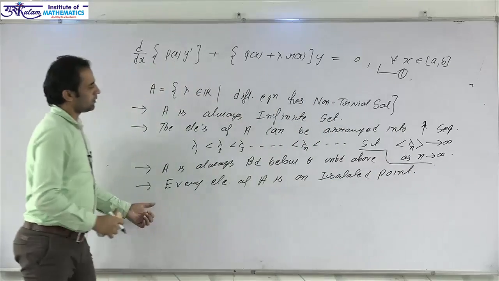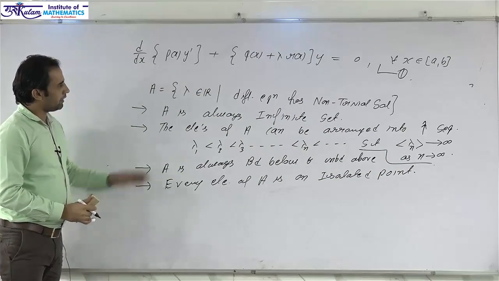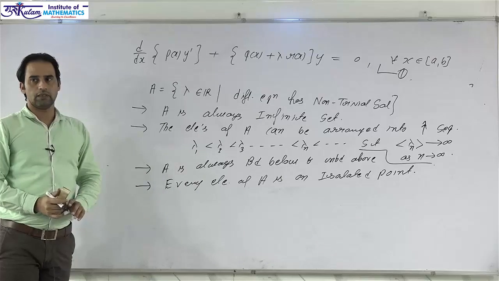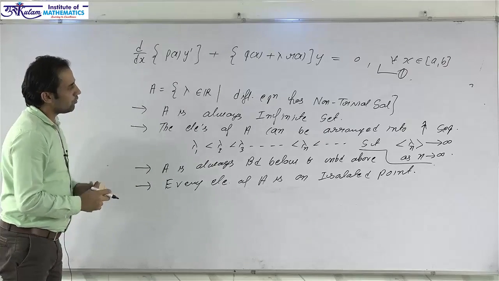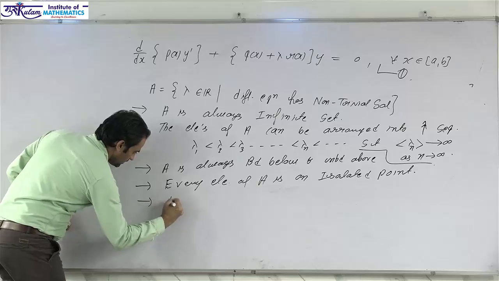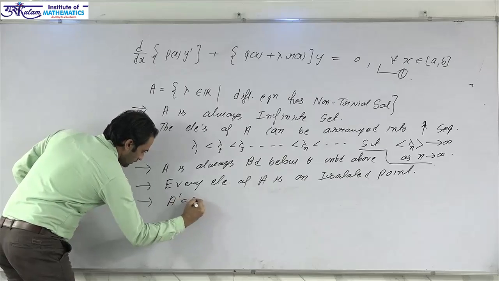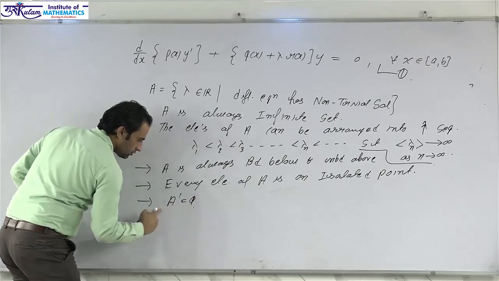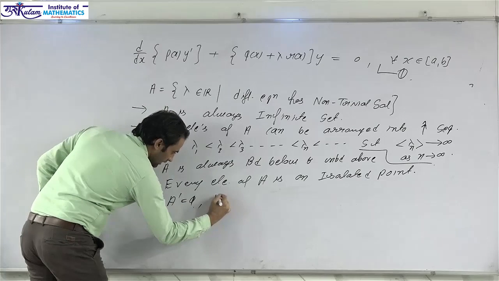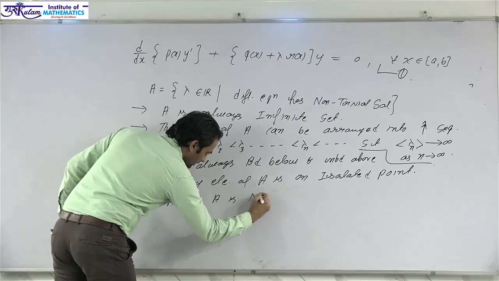So this is the next property, and if every element of A is an isolated point, this implies the set is nowhere dense. The next property is A dash is phi, that is, the derived set of A is phi, and A is nowhere dense.